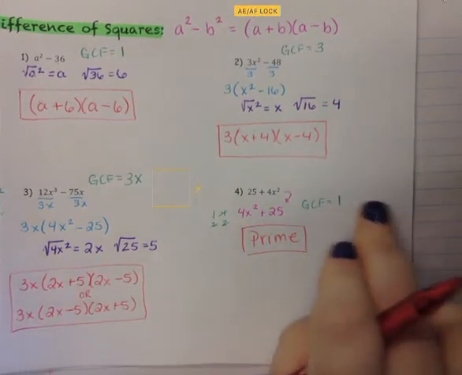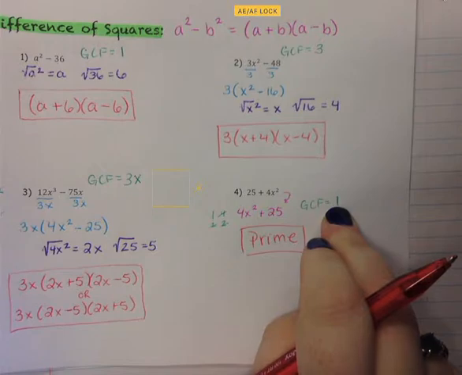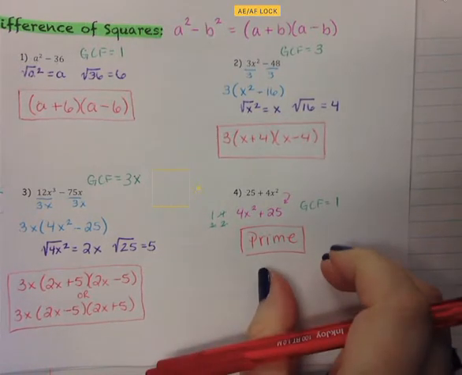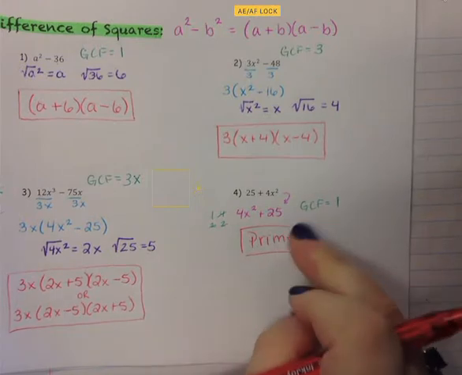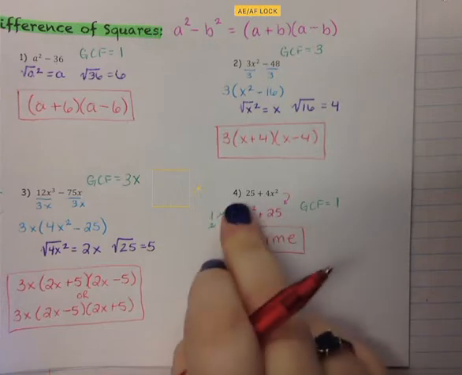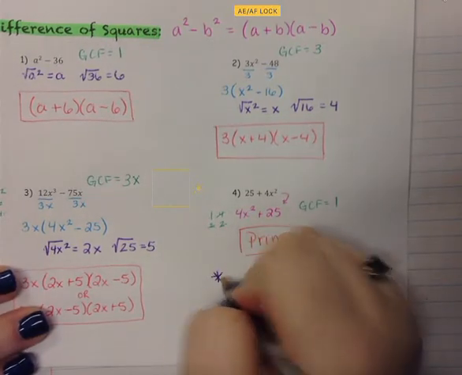If this problem had a GCF of 2, then the problem would not be prime. It would just be 2 parentheses 4x squared plus 25. So it's only prime if the GCF is 1 and the problem cannot factor any further at all. There is no such thing as a sum of squares. So I'm going to put a note down here.